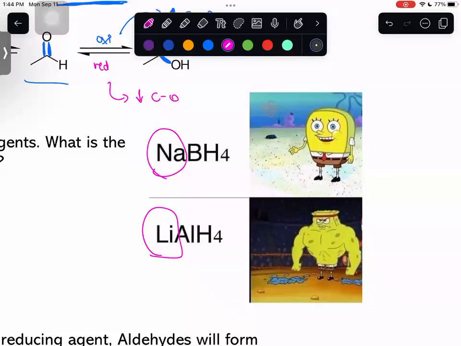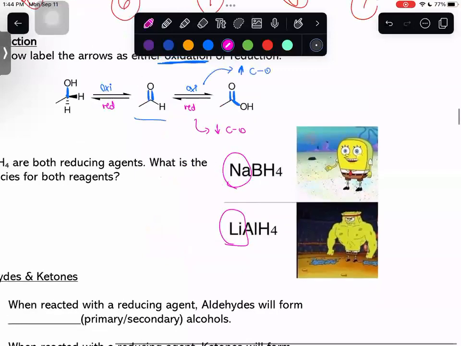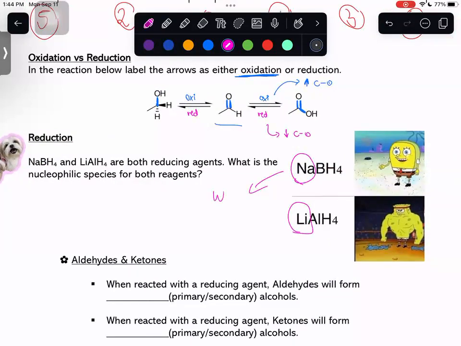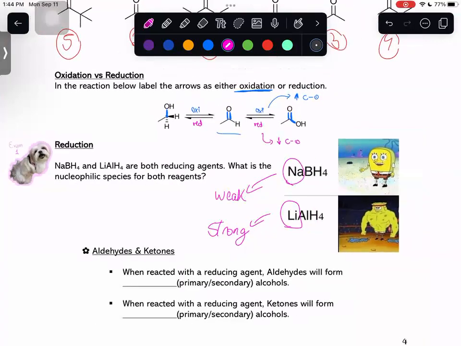And then the lithium reagent, that's a really strong SpongeBob. So it's gonna be the strong reducing agent. Okay, so let's just start writing them over here. Weak, and this one is gonna be the strong reducing agent. So again, just remember that photo. You're gonna remember if they're weak or strong.